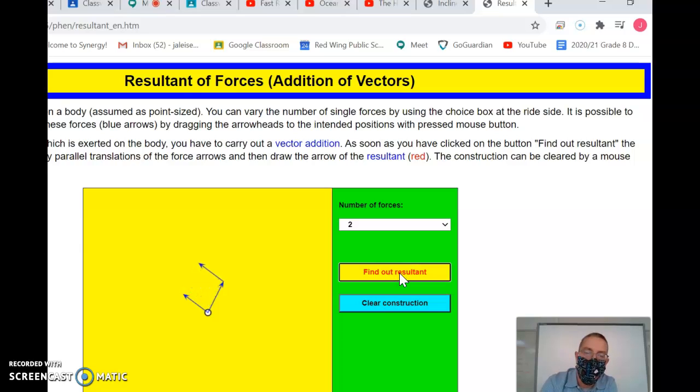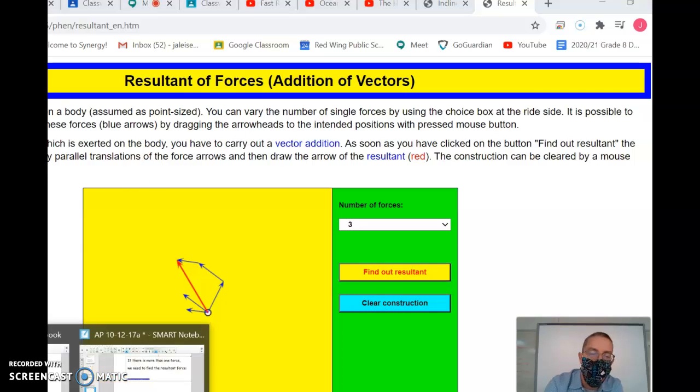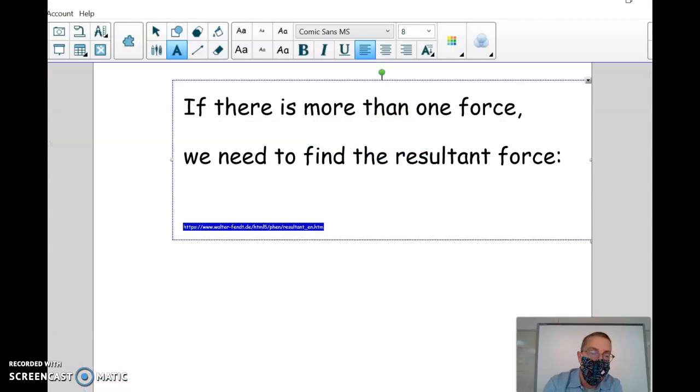It's no different than doing a little bit of Pythagoras here. Maybe I want three forces. I'm going to find out the resultant. I'm going to add up my vectors, no different than I did before. All my forces in the x and the y. We've done that. Working with force is no different than working with velocity that we did before, or displacement.